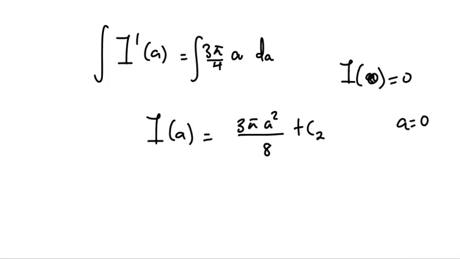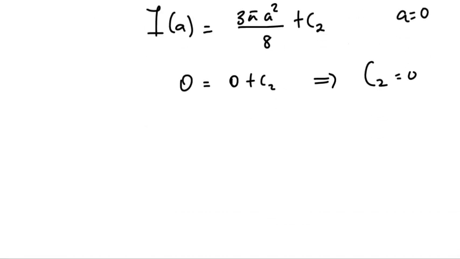Therefore, let a equal 0 here. So we get 0 is equal to a squared times 0, everything 0, then plus c2, which also implies again that c2 is equal to 0. So therefore, we have this wonderful equation that I of a is equal to 3 pi a squared divided by 8.